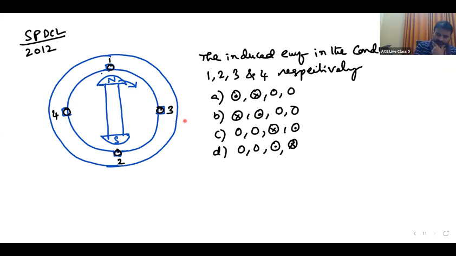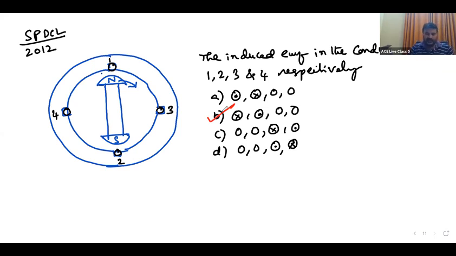At the same time, this will be cross now. Yes, this is cross. Already we have seen this diagram. This is dot. The answer is B. Correct?